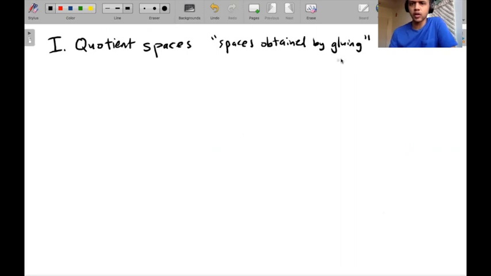some things precise today. So first of all, the notion of gluing is made precise by the idea of a partition.